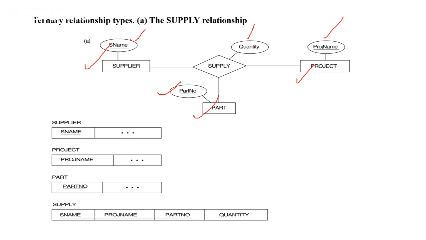S name, project name, and part number will act as foreign key constraints for the supply table, that is, to identify the attribute value of quantity. This is how we convert all the steps from the entity relationship diagram into a relational mapping.